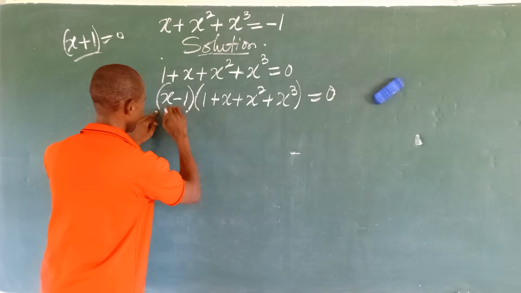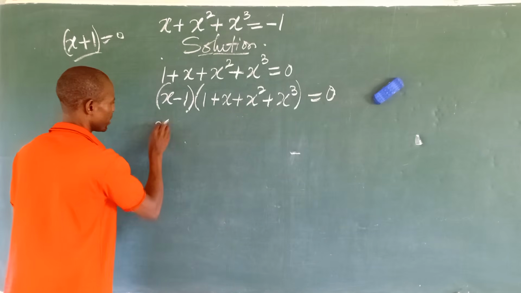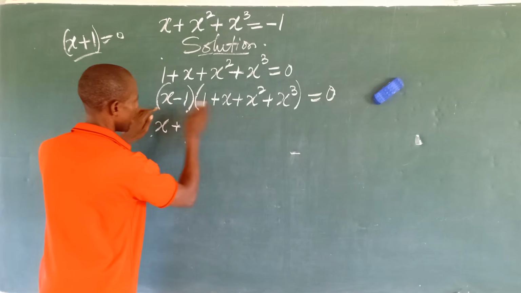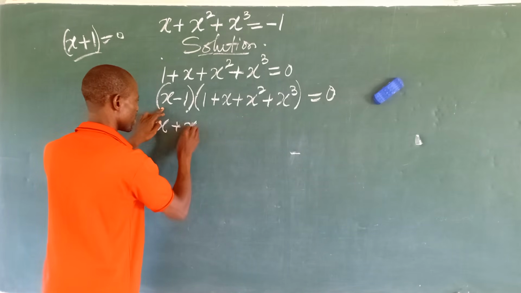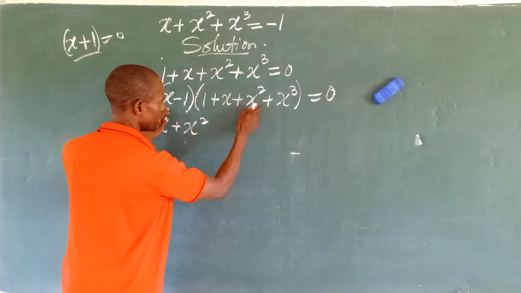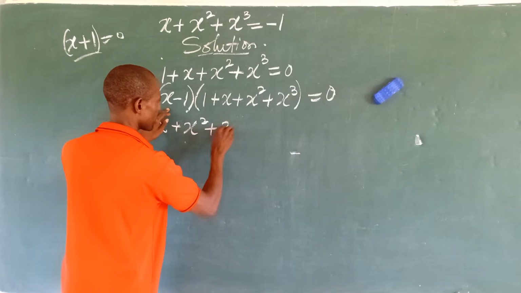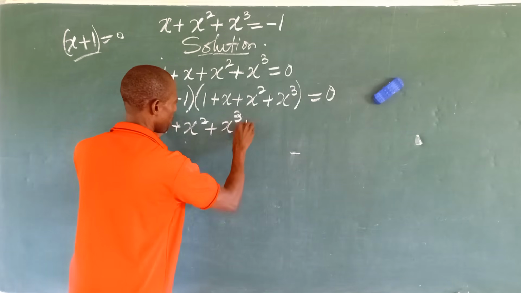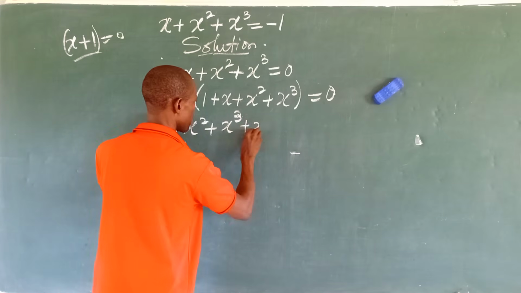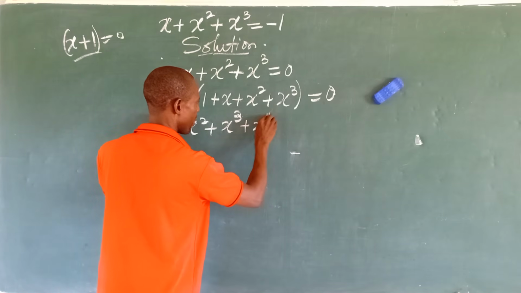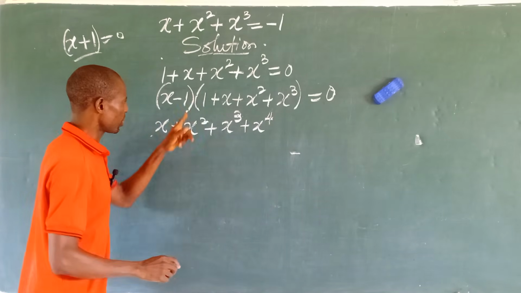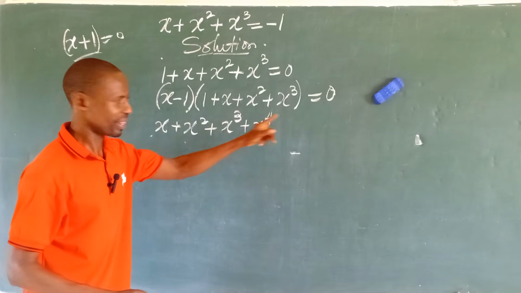So this x times 1 here will give us x, then x times x will give us x to the power of 2, then x times x squared will give us x to the power of 3, then x times x cubed will give us x to the power of 4. We come to the minus 1 to multiply everything here.